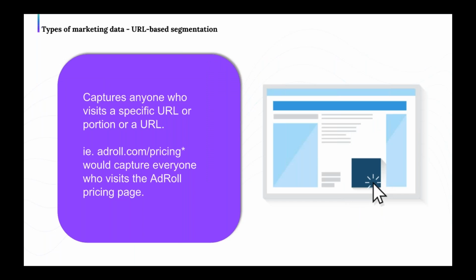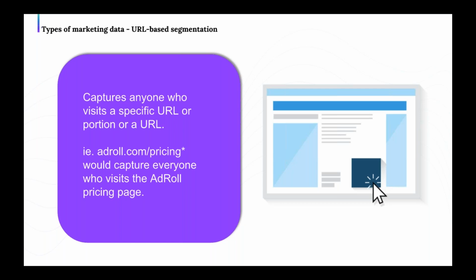So we're going to dive a little bit deeper into first-party data and discuss some of the different strategies that had been laid out on the previous slide. So the first would be a URL-based segmentation strategy for the data. This URL-based segmentation simply means that the data is capturing your audience based on a specific URL that they might be visiting.